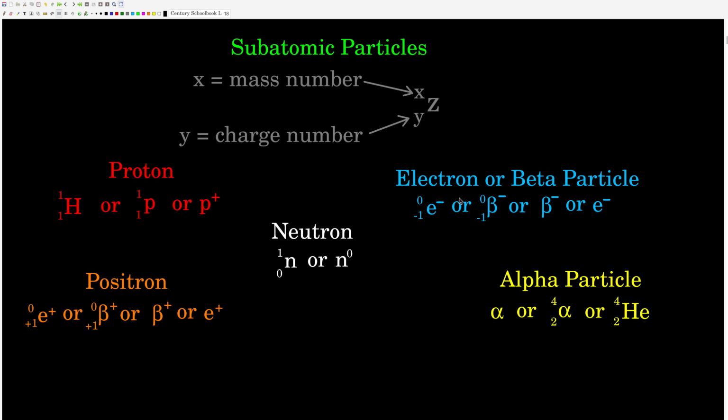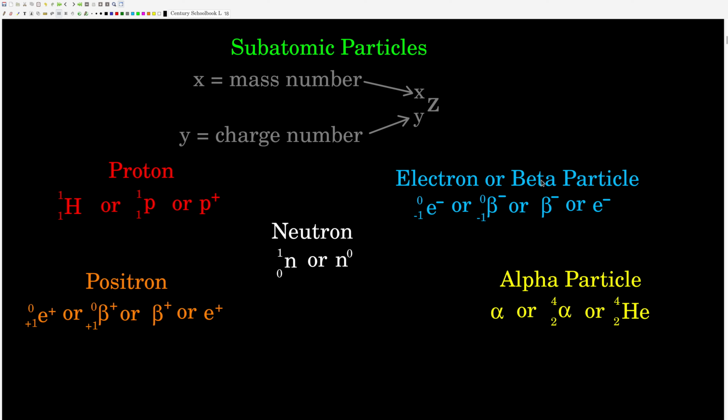There is a technical difference between an electron and a beta particle, and we're not going to really worry about it, but it is where the source of the particle is. If it's produced from the nucleus during radioactive decay, we call it a beta particle. If it exists already outside of the nucleus, say in a 1s orbital, then it's an electron.